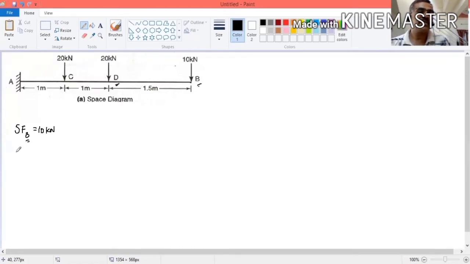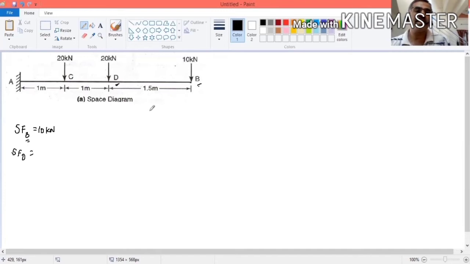Here, shear force at D. Whenever there is a point load, you have to calculate the shear force two times, because here the shear force will be changing suddenly. So you consider the loads right side of this point.